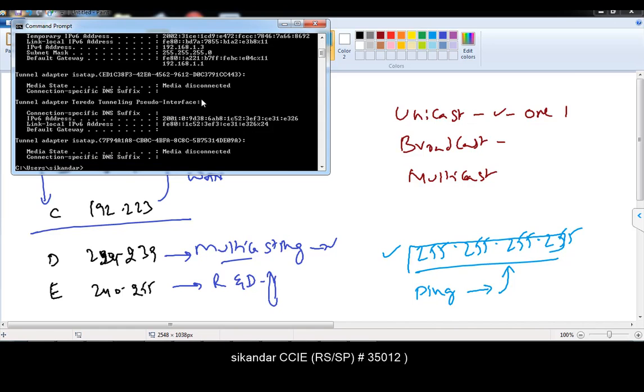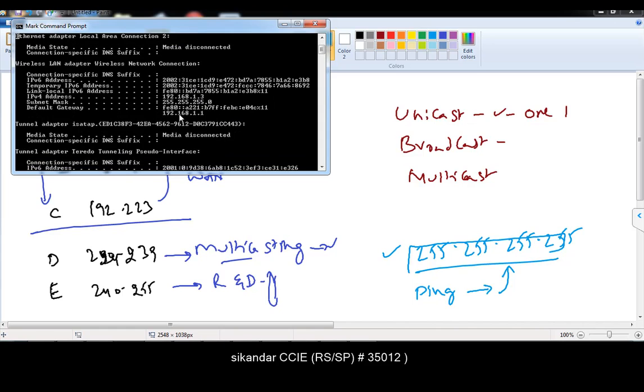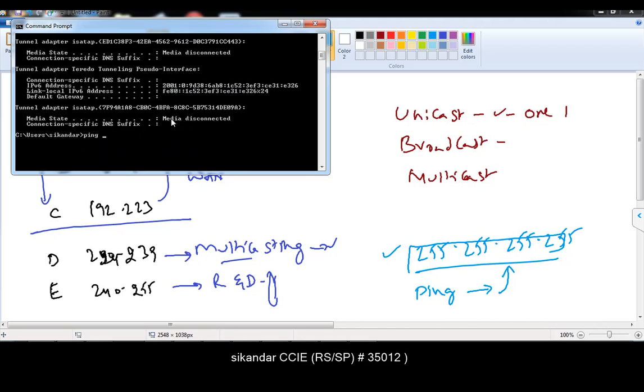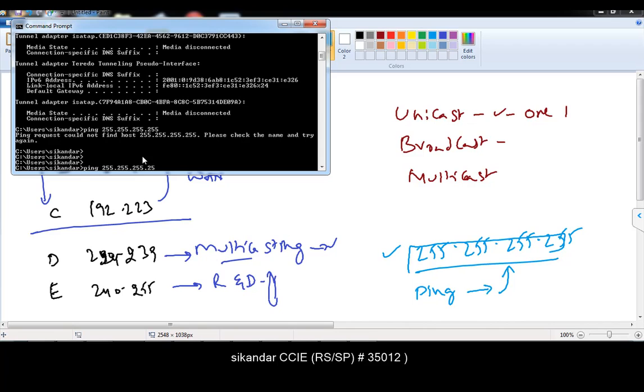I'm already using an IP address, something like 192.168.1.3, which is assigned by my router, which I'm using for the internet. So I'm trying to ping these devices, and it's not pinging actually in general.